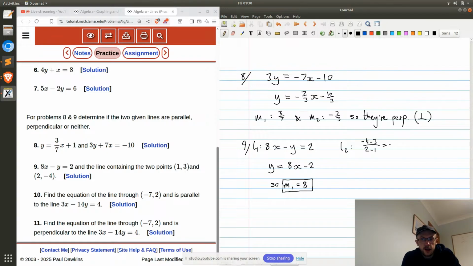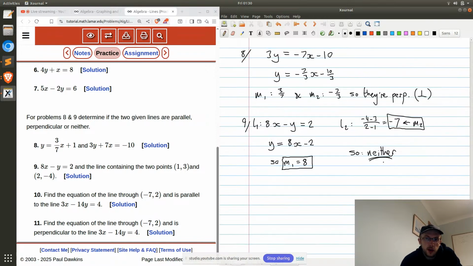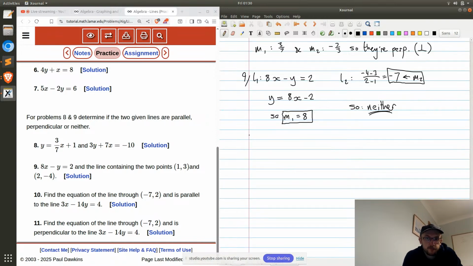And so that is negative 7 over 1, or just negative 7. And that's m2. So neither. They don't pass either condition.